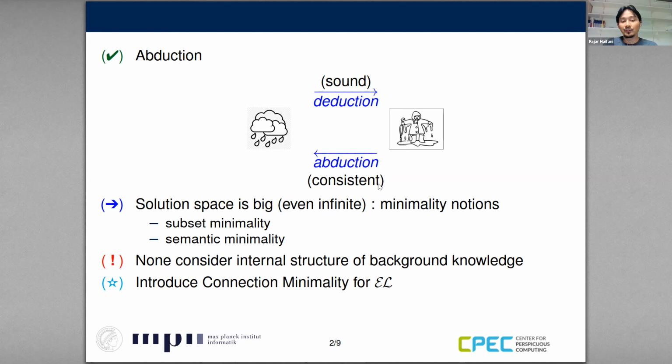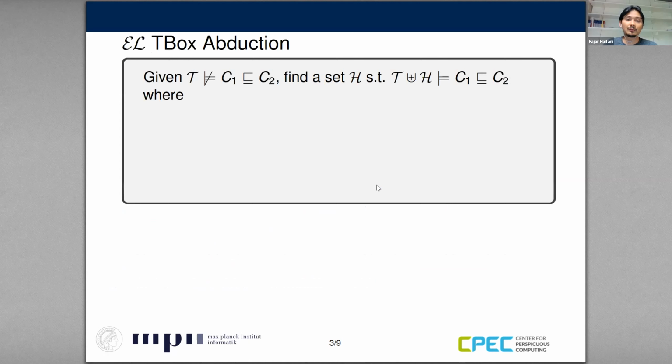But before we get into details of how this actually works, first I would like to introduce the problem definition in a little bit more formal way. Suppose we have a T-box T, which does not entail some observation C1 is a C2. We would like to find a set H such that if we add H to T, then we have the entailment.